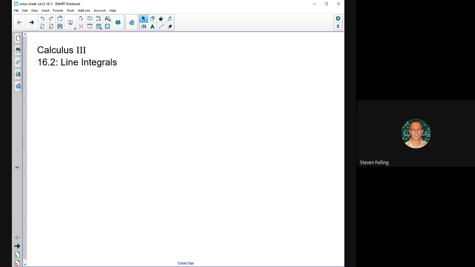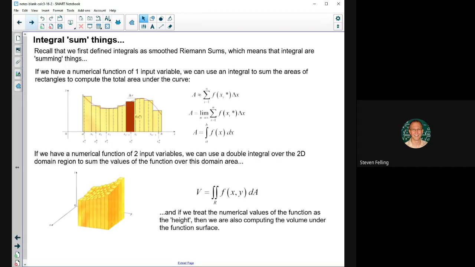Now that we've talked about vector fields, we're going to sometimes work with vector fields, and sometimes we'll work with regular scalar multivariable functions. All right, so just as a reminder about integrals. Integrals sum things, right? So we first saw integrals in the context of finding area under a curve, where we said, all right, we could cover an area under a curve with rectangles, and then sum those rectangles up, heights times widths, right?